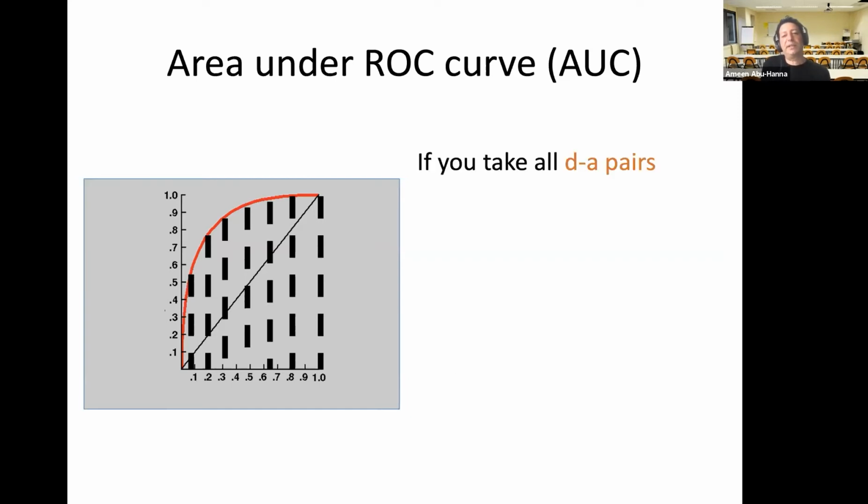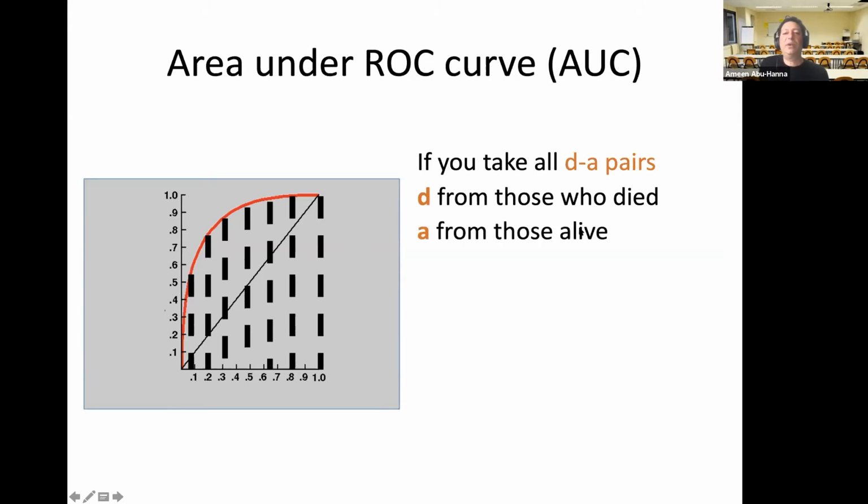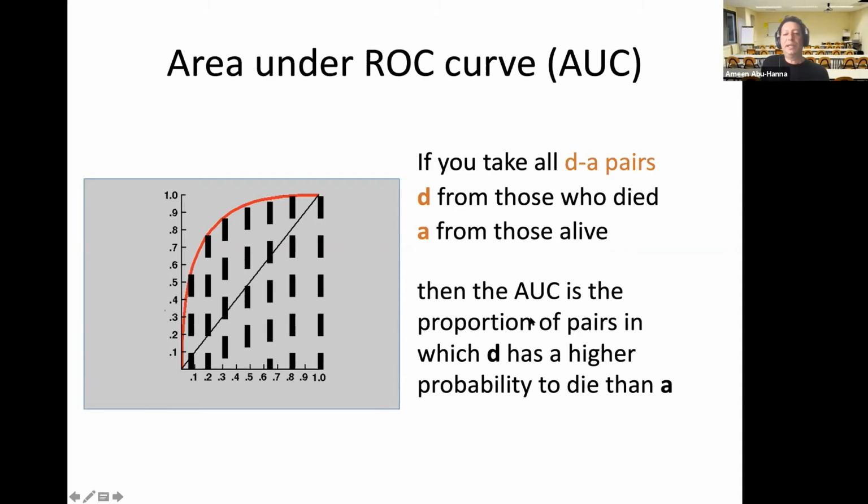Because it turns out that this area is exactly the thing that you would get if you do this trick. You take all those who died apart in one group, all who lived in another group, and now you pair them together. I'll show you in the next slide how we do it. And the proportion of pairs which are correctly ordered will be exactly the AUC.